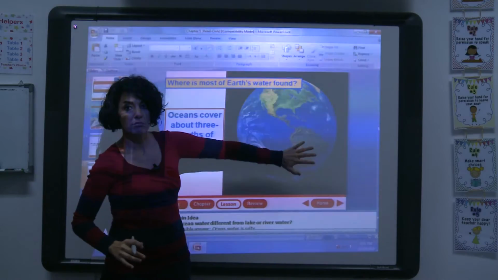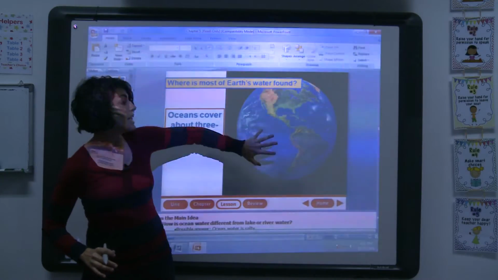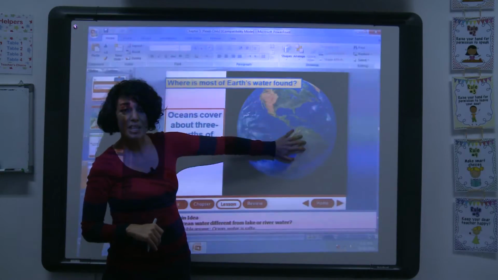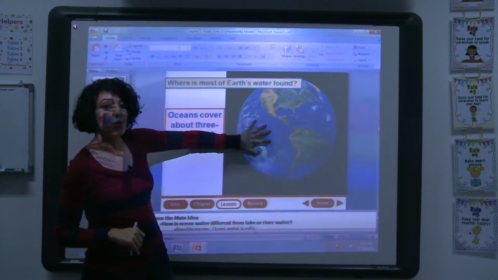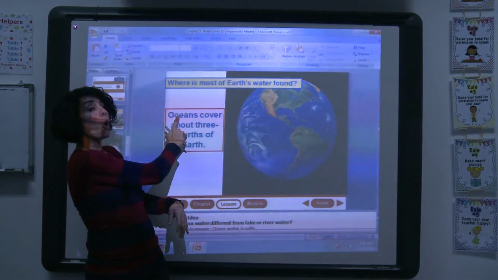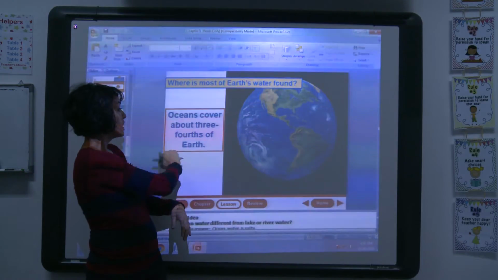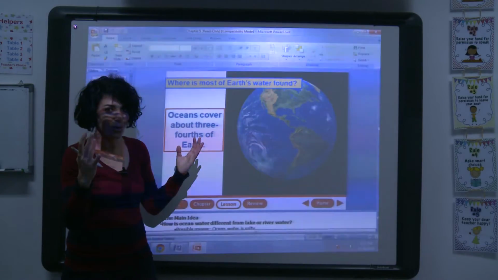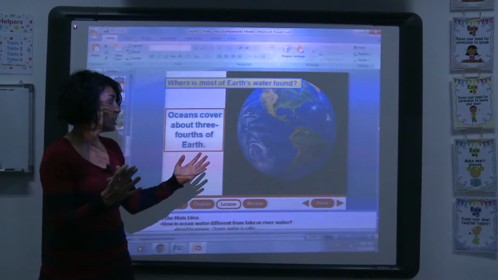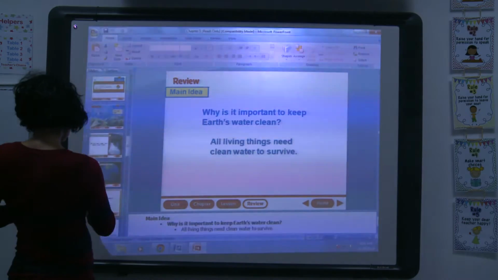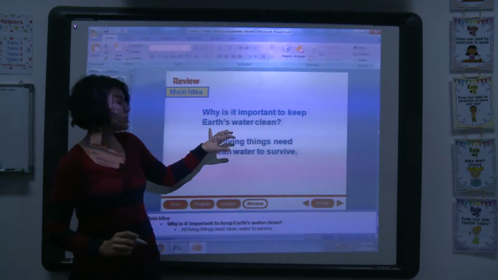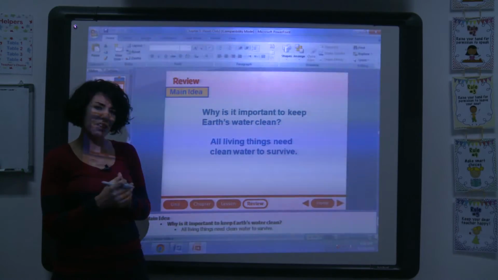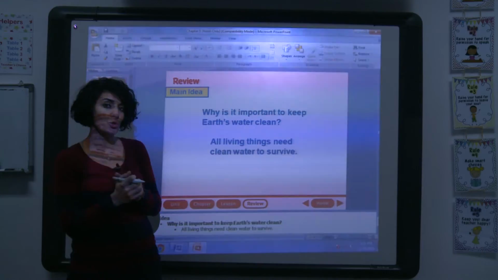The green means land, and the blue means water. I will repeat. The green means land, and the blue means water. So, oceans cover 3/4 of Earth, which is a lot. Okay, so I will continue. Now, why is it important to keep Earth's water clean? Because all living things need water, fresh water, to survive.